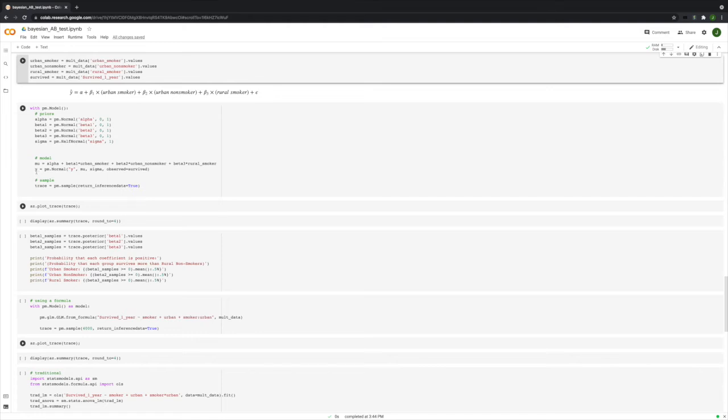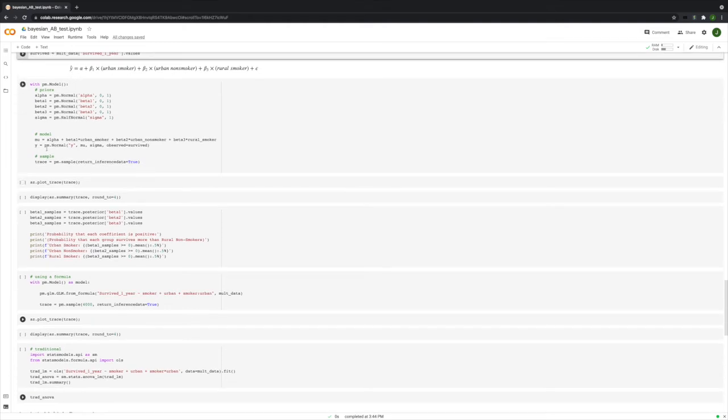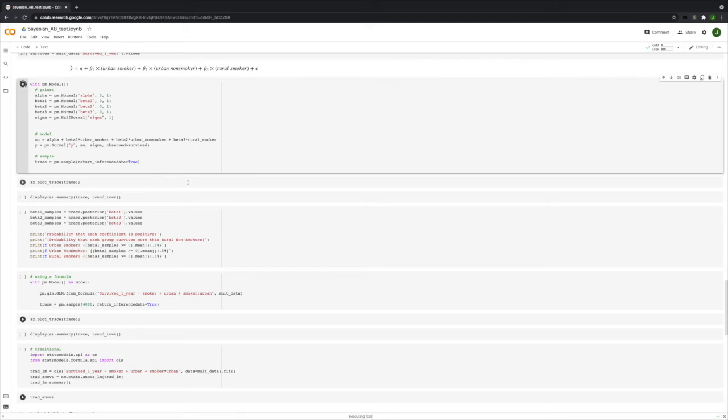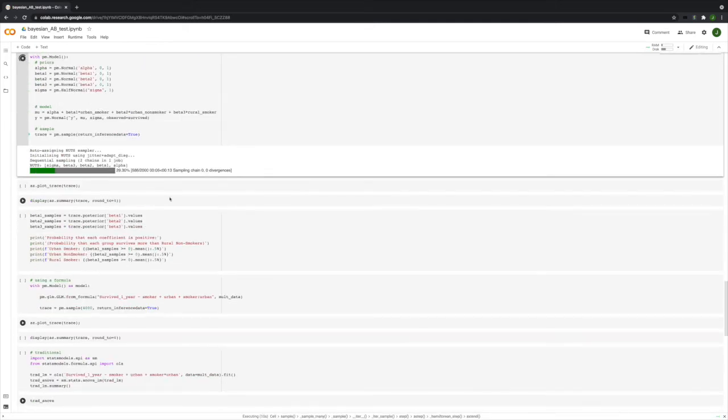And then we'll say that y, which is our probability, is going to follow a normal distribution, and its mean is going to be the expected value, and its standard deviation is going to be the standard deviation of that epsilon. And then what we observed is the survived column. And we'll just draw samples from all that. This one is a bit more complicated, so it does take a bit longer.